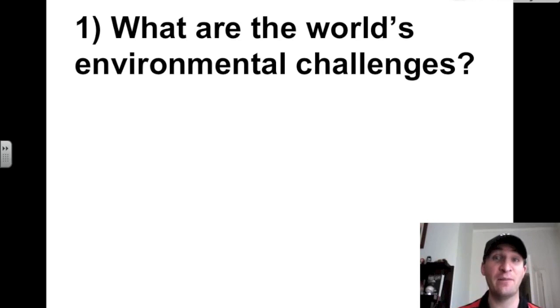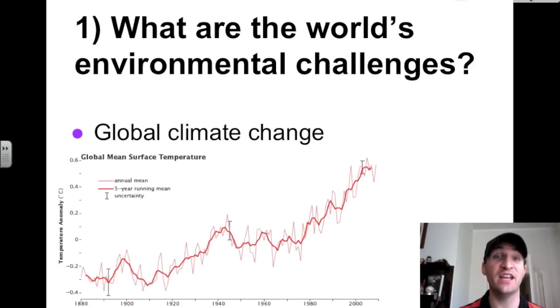And the first environmental challenge that we have been dealing with is global climate change. You see this graph from NASA from 1880 to 2000 shows there has been a trend upward in the surface temperature on the Earth, showing global climate change exists.